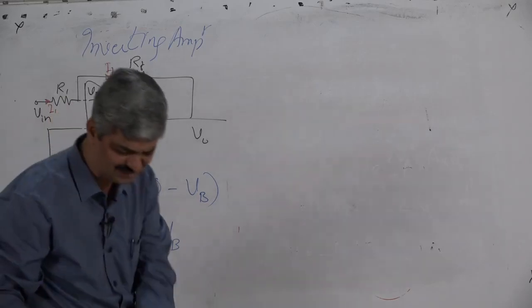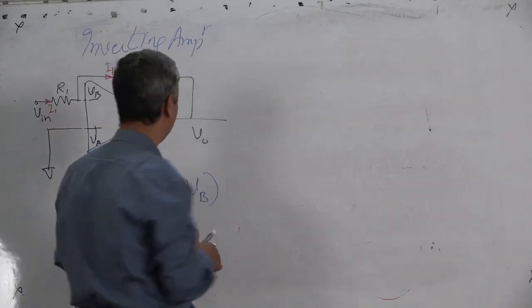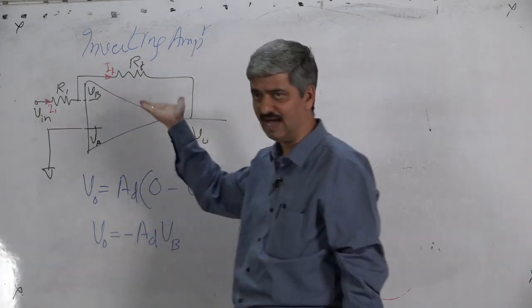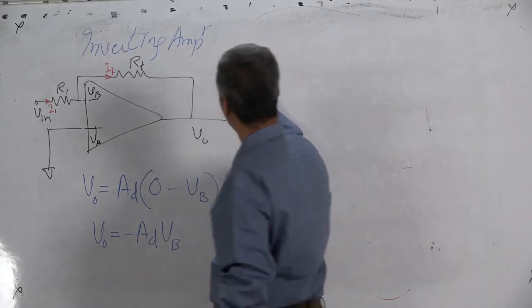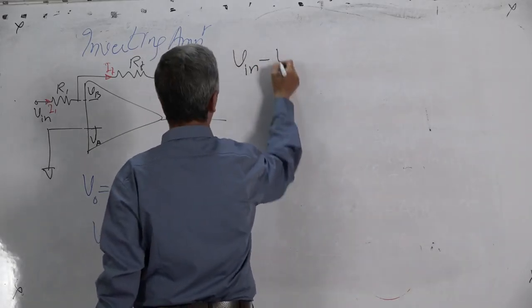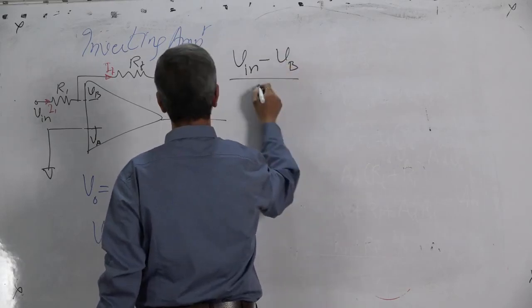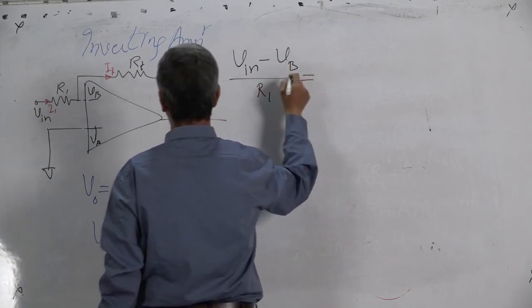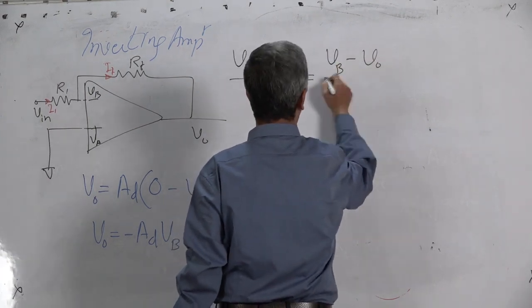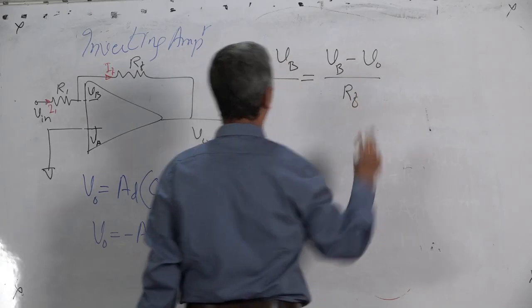So straight away it is very simple, again very logical. I think that after 5-6 years this will be a thing in high school level studies. So (Vin minus VB) upon R1 is equal to (VB minus VO) upon RF, right.